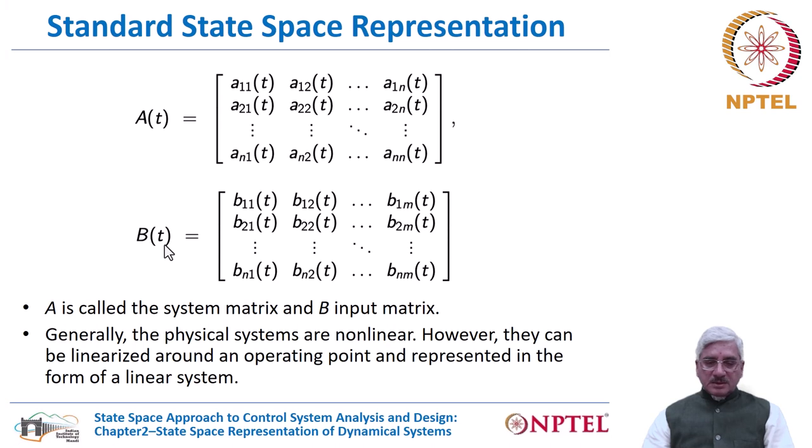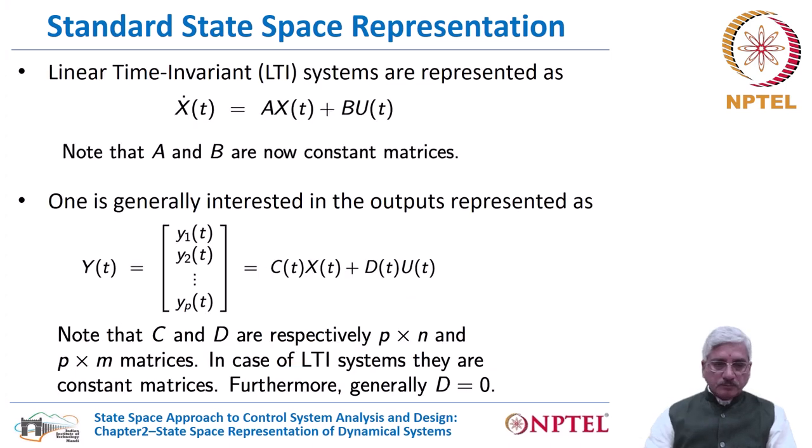If the system encountered is a nonlinear system, it can be linearized around the point of equilibrium or any other operating point and represented in the form of the linear systems given in the previous slide: x dot equal to Ax plus Bu. We also come across situations in which, besides being linear, the elements of the system matrix and the input matrix do not depend on time.